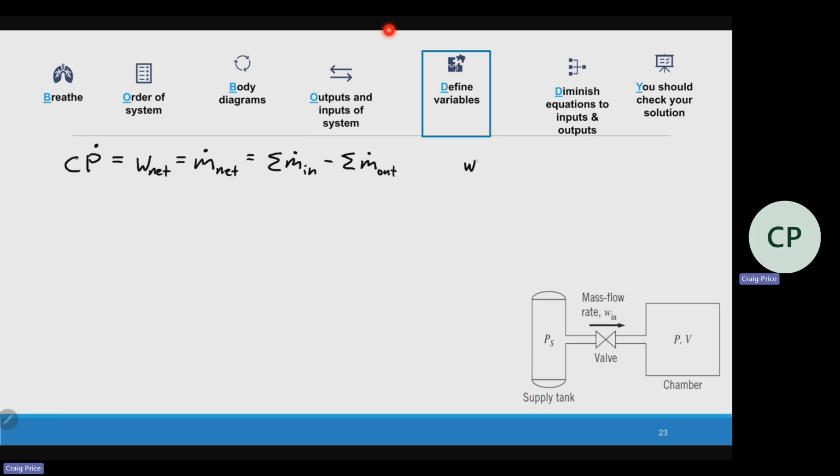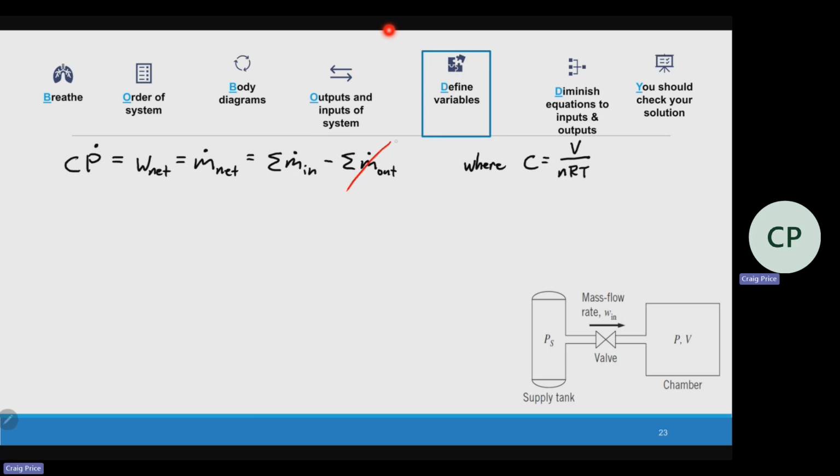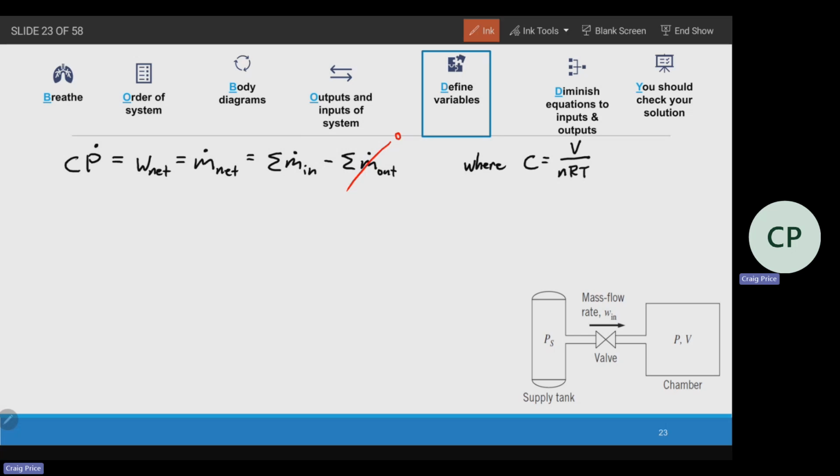And C, capacitance, is equal to V over nRT. Now, I know that I have a mass flow rate in. Is anything leaving? No. So there's nothing leaving, so we can simplify our equation like that.